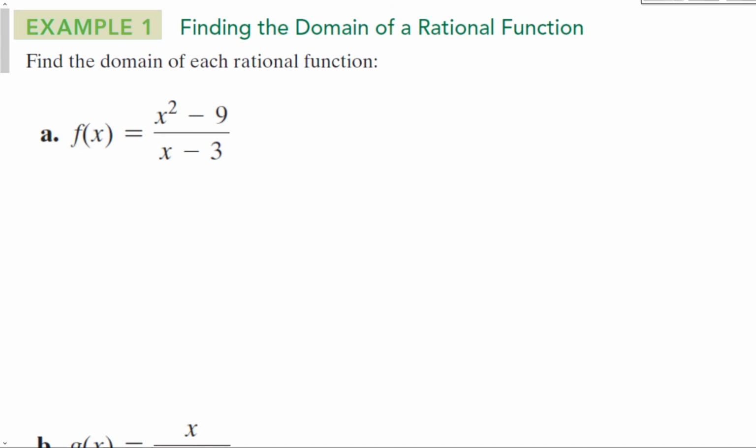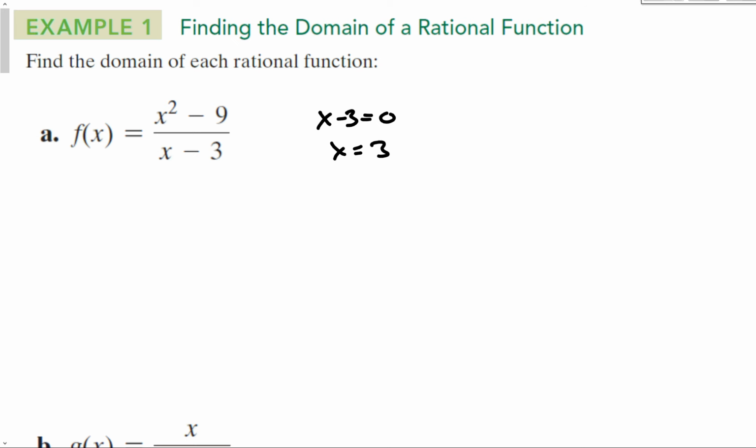Okay? So first, find the domain of each rational function. And we're going to write the domain in two ways. We're going to use set builder notation, and we're going to use interval notation. So the domain here, well, first I need to factor the denominator. It is factored. Okay? So we set it equal to 0, and we see that x is equal to 3.